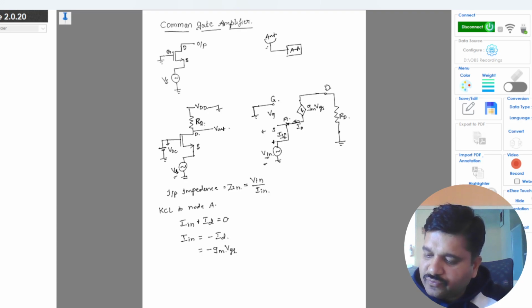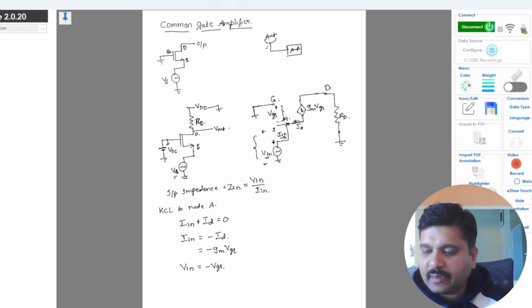So V in can be written as minus VGS, because it is the same voltage V in from source to ground, and VGS is from gate to source, where the gate is connected to the ground. Hence V in will be same as VGS but opposite in sign.